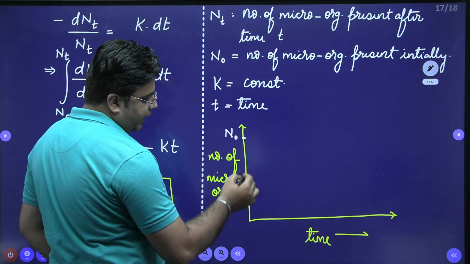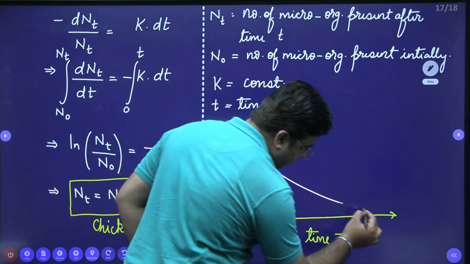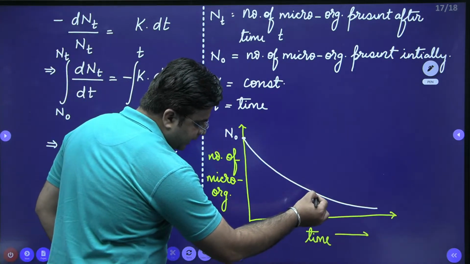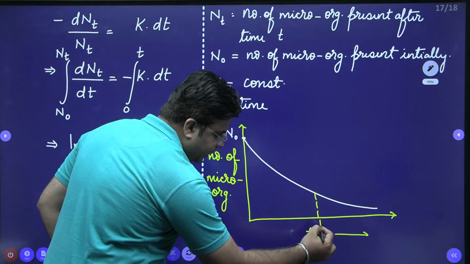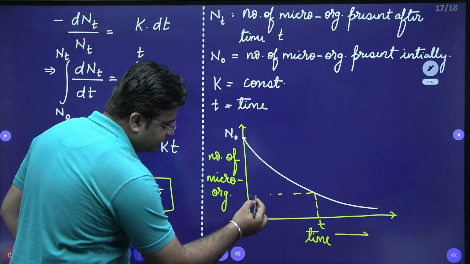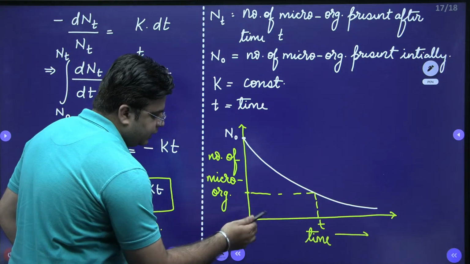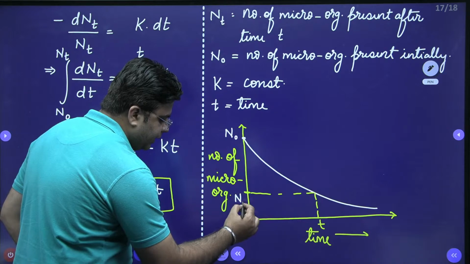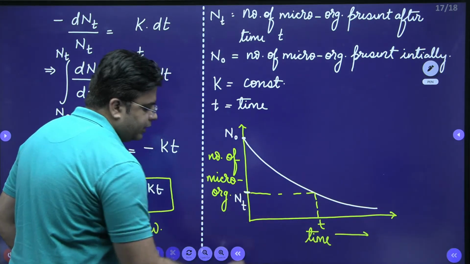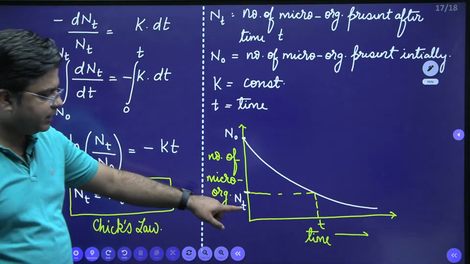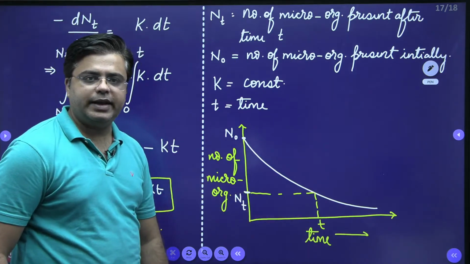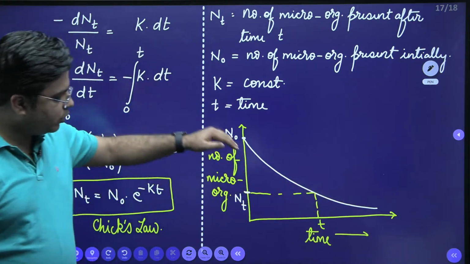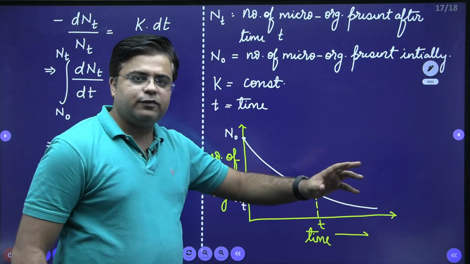And these number of microorganisms will keep on decreasing like this, right? At any time t, the number of microorganisms present is Nt. So this is how the number of microorganisms keep on decreasing when disinfection is happening.